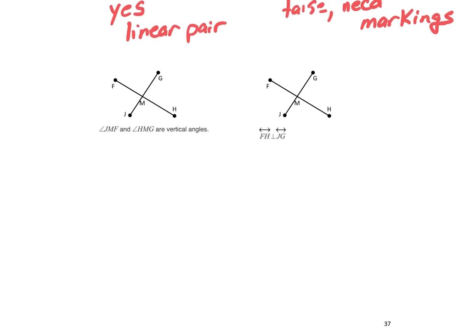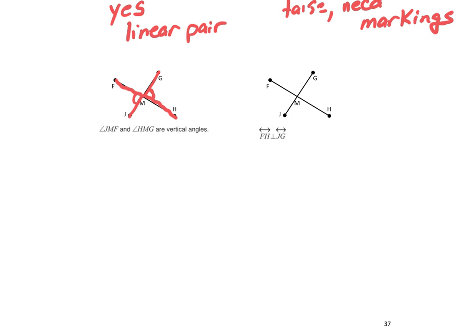Okay, vertical angles. Here's another one we haven't talked about for a while. JMF is this angle here. HMG is this angle here. Vertical angles, we haven't seen it for a little bit.